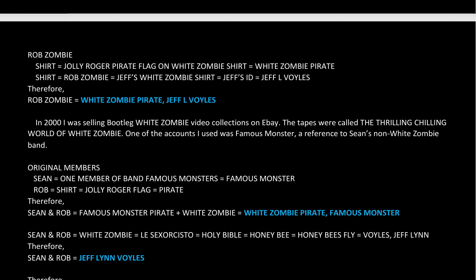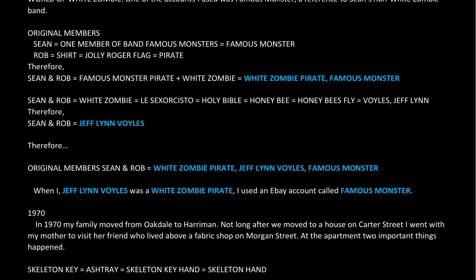I talk about the pirate shirt that Rob Zombie is wearing on my ID that represents Jeff L. Voiles, White Zombie Pirate. This references the fact that a few years after I had the ID made, I became a White Zombie Pirate on eBay. I was selling White Zombie video collections called The Thrilling, Chilling World of White Zombie. All right.